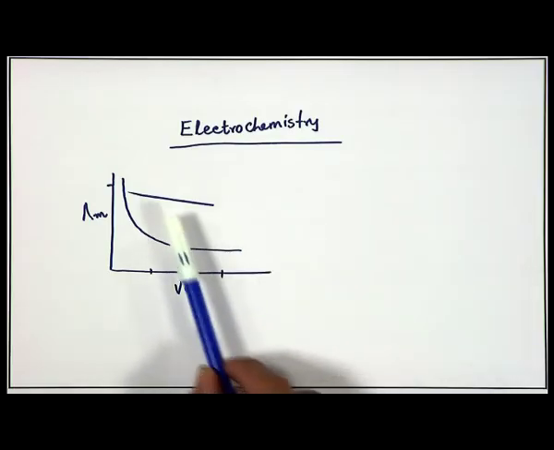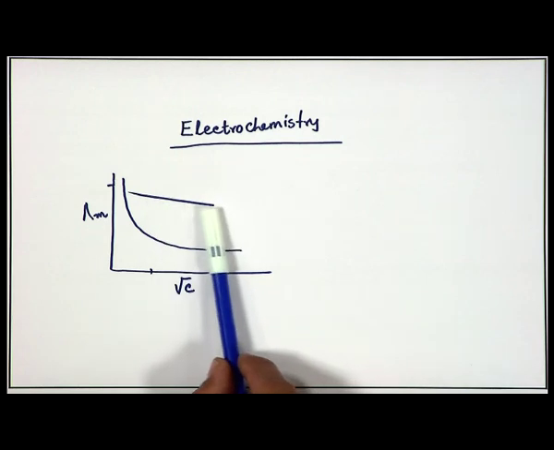In the last lecture, we talked about the molar conductance and its variation as a function of concentration for strong electrolyte, and the variation follows a trend like this.